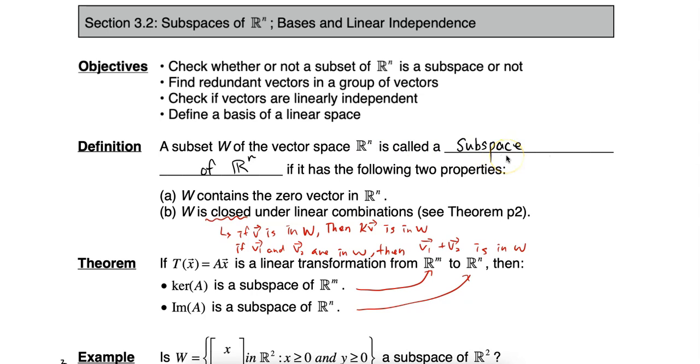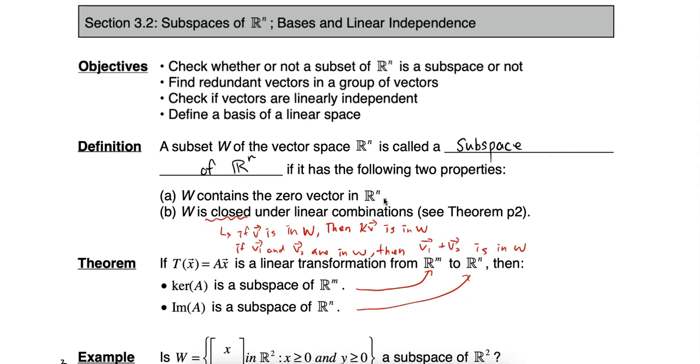A subspace is a subset, so it's a group of vectors from Rn, but there are two additional rules. One of which is that you must have the zero vector in the subspace, and the other one is that this subspace is closed under linear combination.